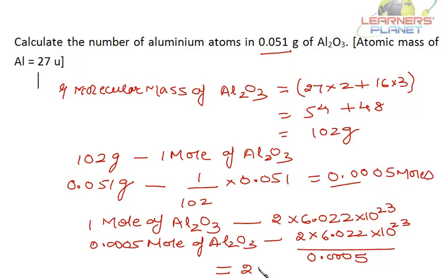It is coming out to be 2.4 into 10 to the power 20 atoms, right? So this is the way we can calculate the number of atoms. Say if it's number of oxygen, then also 1 mole of Al2O3 contains 3 into 6.022 into 10 to the power 23 atoms of oxygen. So 0.0005 mole of Al2O3 will contain how many atoms of oxygen? It's not moles, it's the number of atoms.